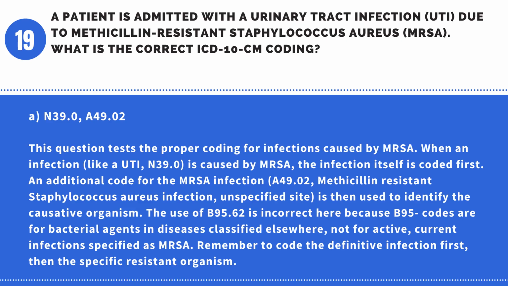The use of B95.62 is incorrect here because B95 codes are for bacterial agents in diseases classified elsewhere, not for active, current infections specified as MRSA. Remember to code the definitive infection first, then the specific resistant organism.